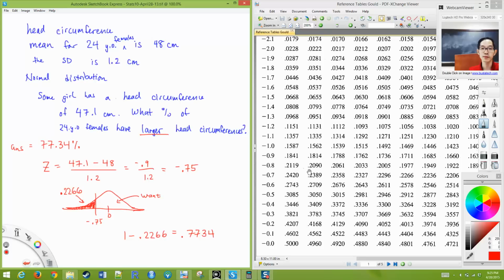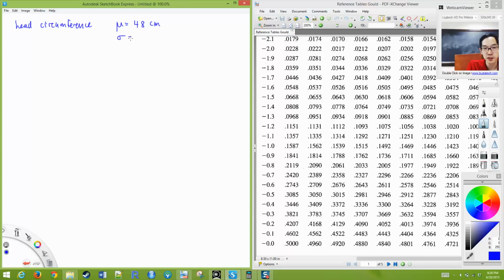And you want the large size to fit up to the 97th percentile. Okay, so what is the head circumference of someone in the 97th percentile?